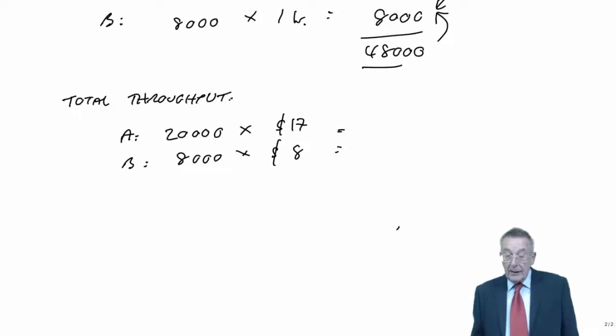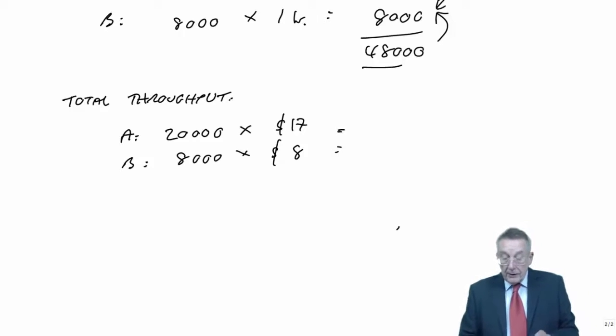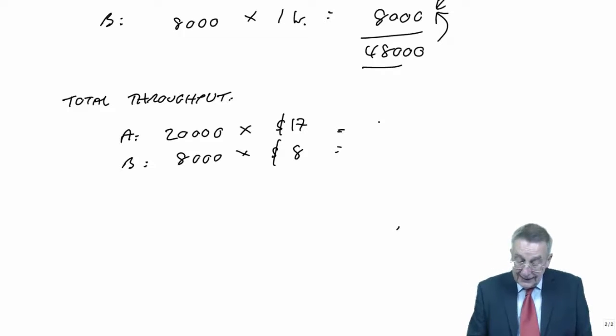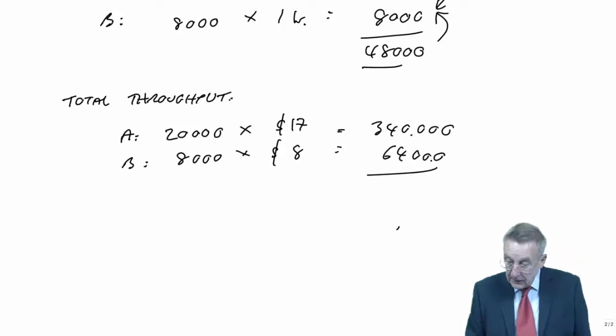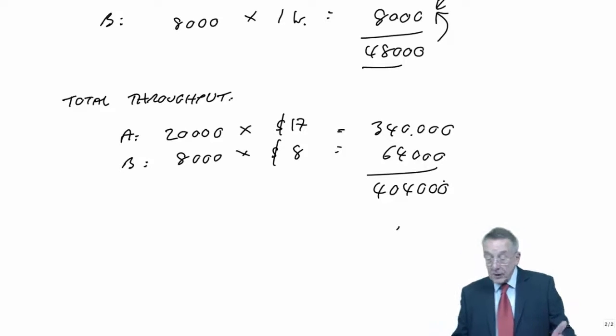Giving totals of, I get my zeros wrong, 340,000 is it? Yes, 340,000 from A, 64,000 from B, so a total of 404,000 as the total contribution, that throughput contribution.